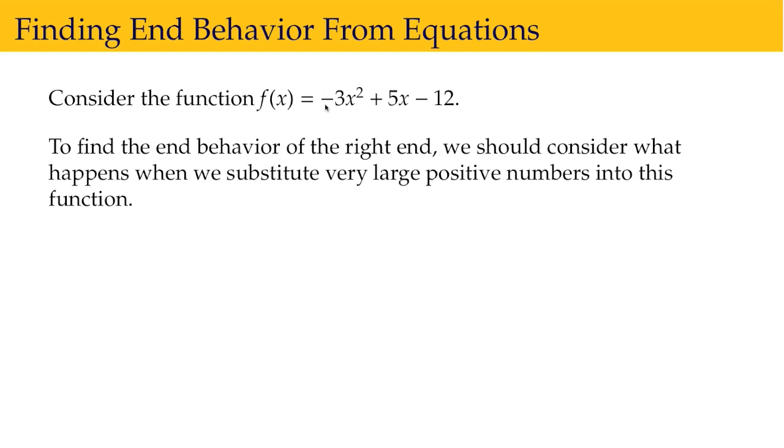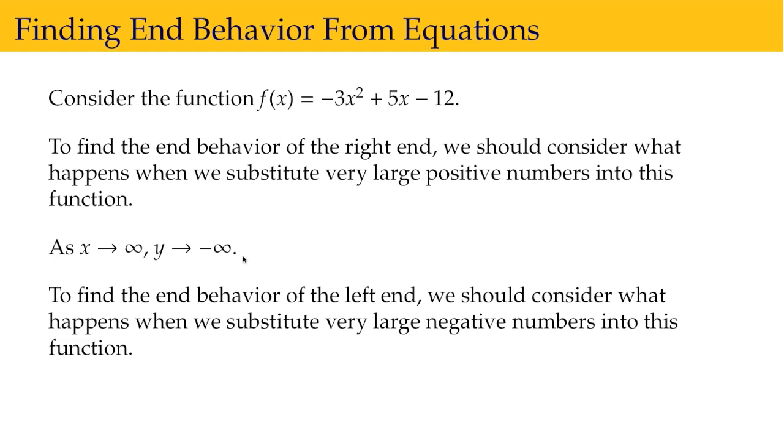Then I'm going to multiply that by a negative 3. The fact that it's a 3 doesn't matter very much, but the fact that it's a negative does. So since I'm going to be multiplying this by a negative, this entire thing is going to give me a negative value. The larger of an x value I put in, I'm going to get a larger and larger negative value. So, as x goes to infinity, y is going to go to negative infinity.